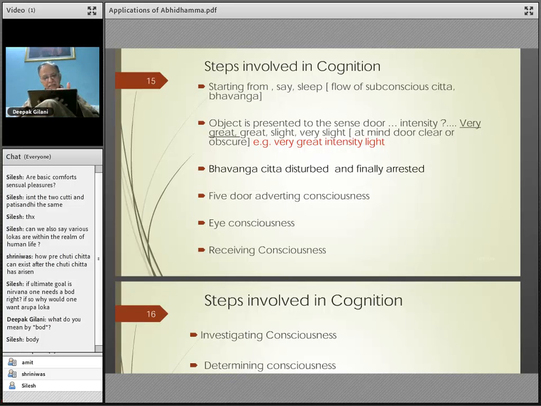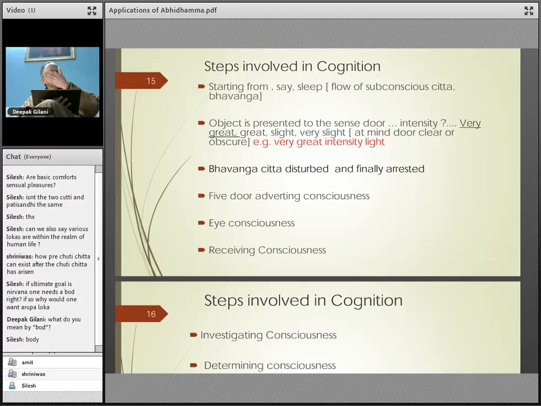Now that process chitta arising also happens through a sequence. First the Bhavanga Chitta will be disturbed, then the Bhavanga Chitta will be arrested, meaning stopped. Then the five-door adverting consciousness, if you remember we studied these, which means the impact has been produced on this body-mind complex and the consciousness arises which figures out where and what has happened.